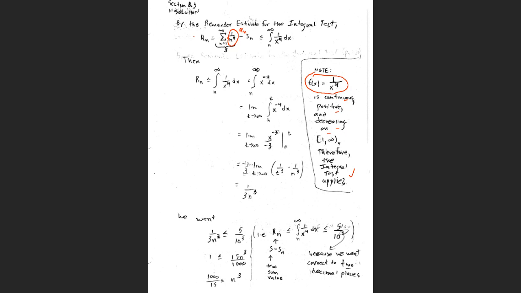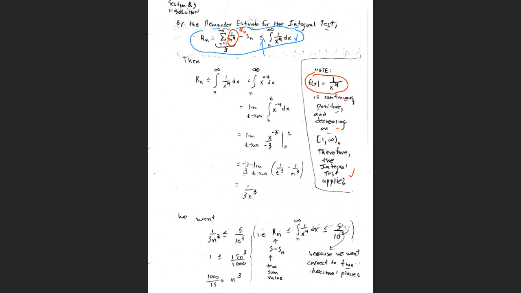So, what do we want to do now? We know by the remainder estimate for the integral test, the theorem that comes before example 6 in section 8.3, that the remainder has to be less than or equal to the integral from n to infinity of 1 over x to the fourth dx.